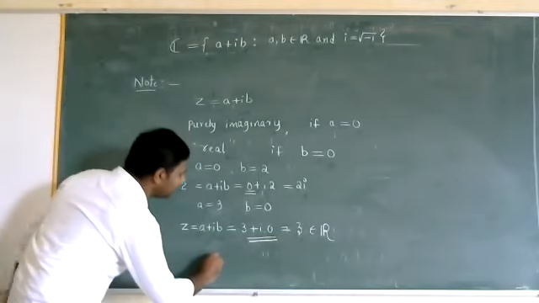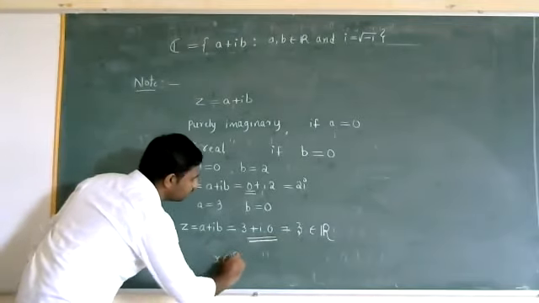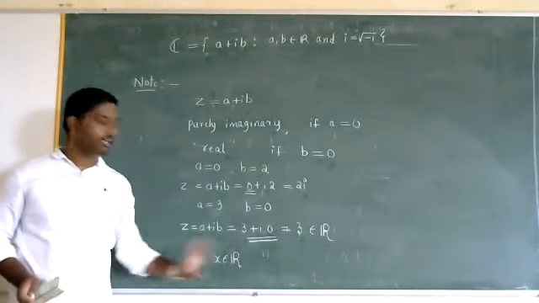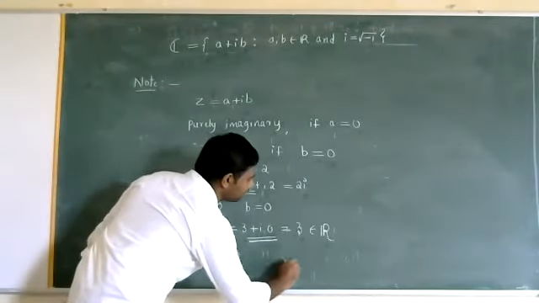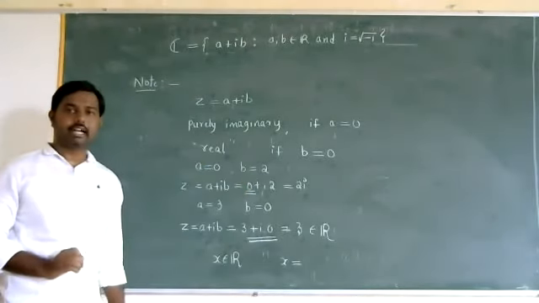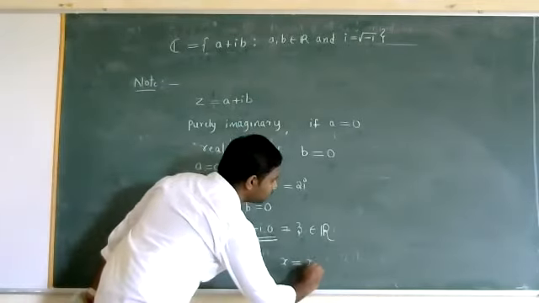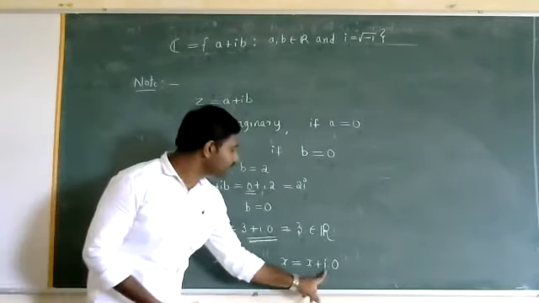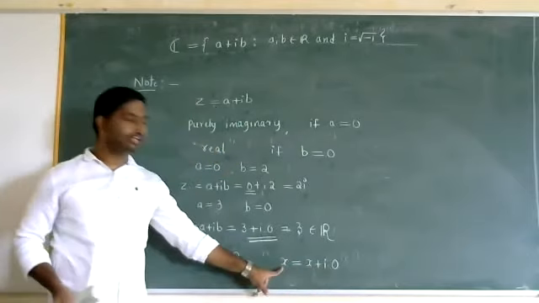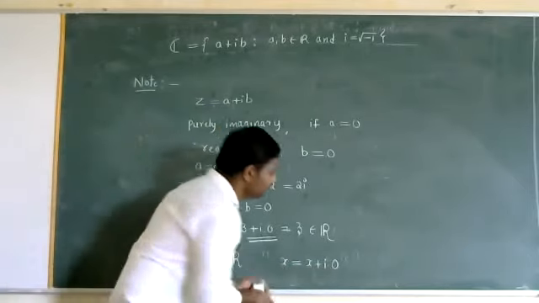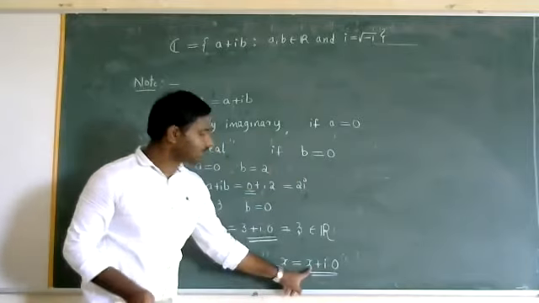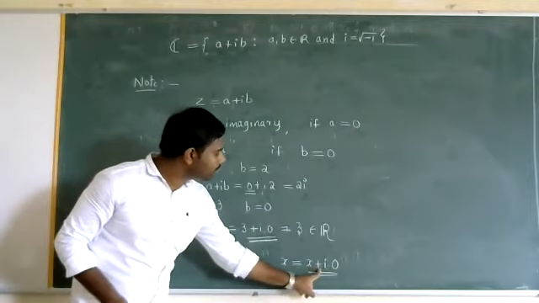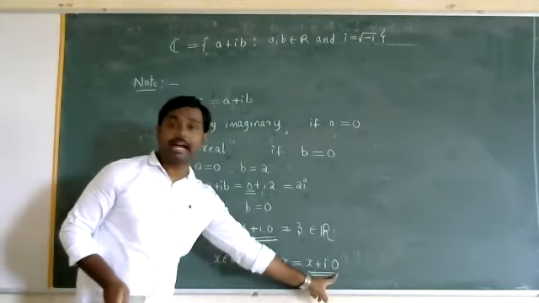So by this observation, you can see that every real number is also a complex number. Consider an arbitrary real number x. I can express x as x plus i into 0, because 0 times anything is 0, and x plus 0 is again x. Now observe this: x is a real number, 0 is also a real number, so it is of the form a plus ib, where a and b are real numbers.